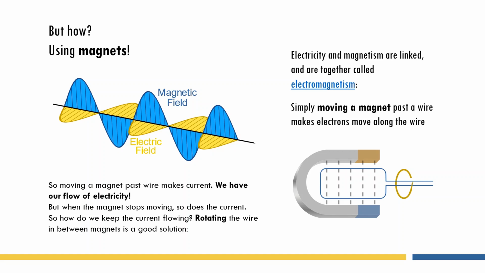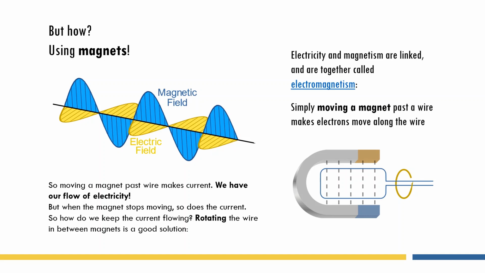So how are we going to make a current flow? To make a current flow, we put the magnet past the wire, and then we move the wire along with it.